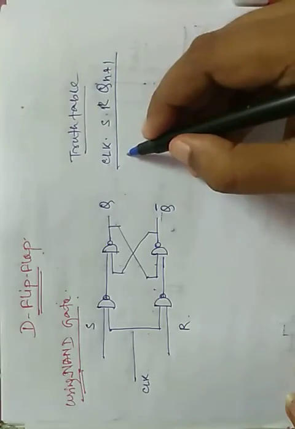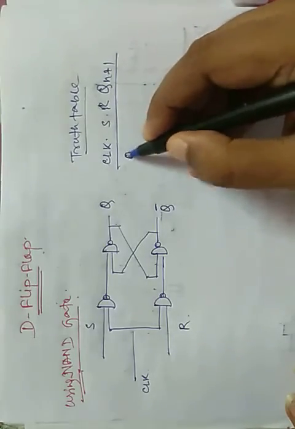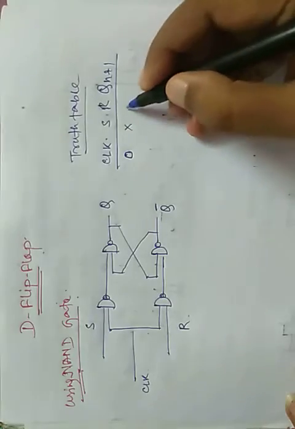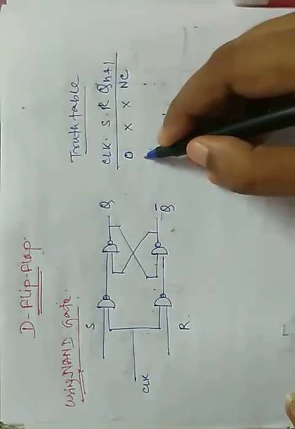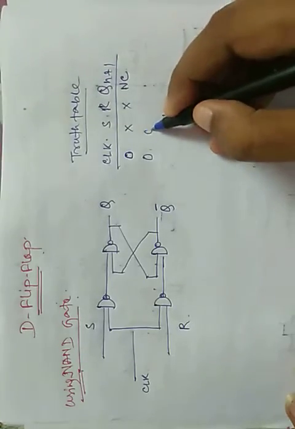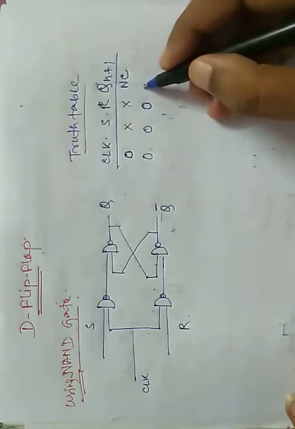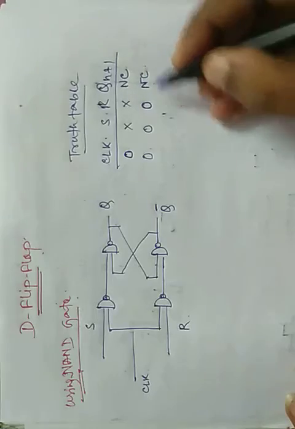We know that when clock is 0, whatever be the value of S and R, output will be no change. When clock is 0, if S equals 0, R equals 0, output is no change.